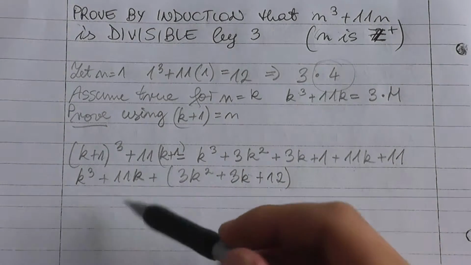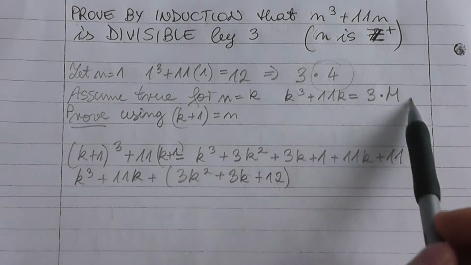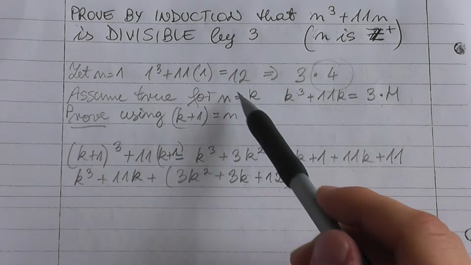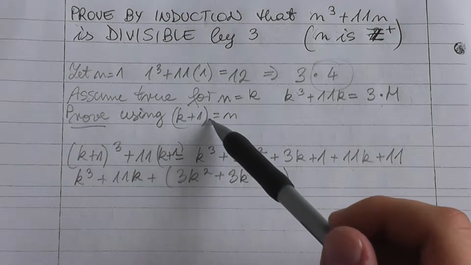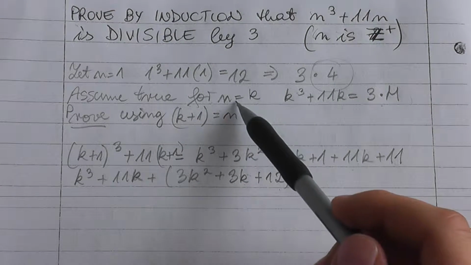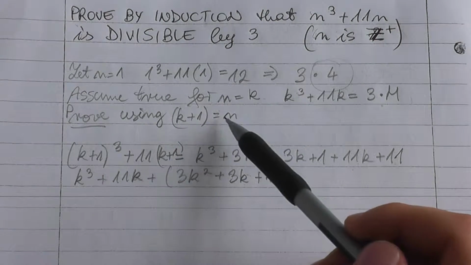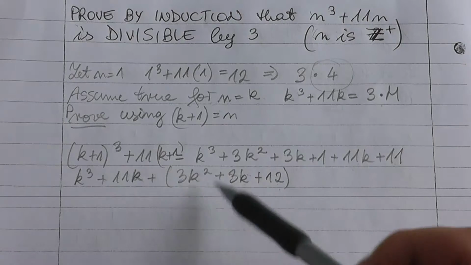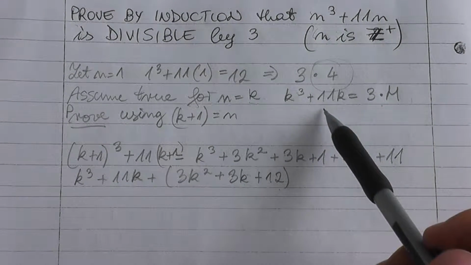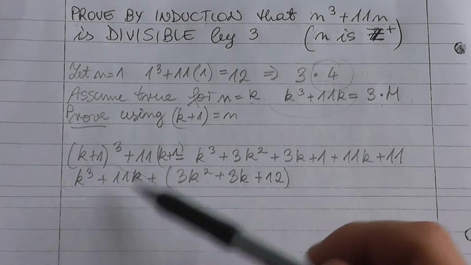Now where does that get us? We always have to remember to use what's up here upstairs. Because in induction you let n be k and assume the statement is true, and then you prove it using n equal to k plus 1. And so we go back to what n equal to k gave us, and we notice that this is the same as this.